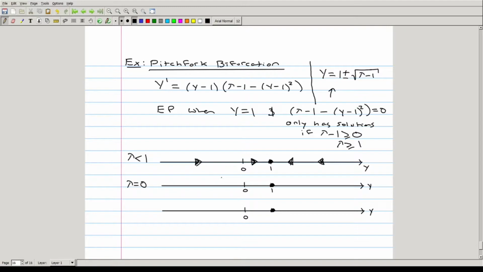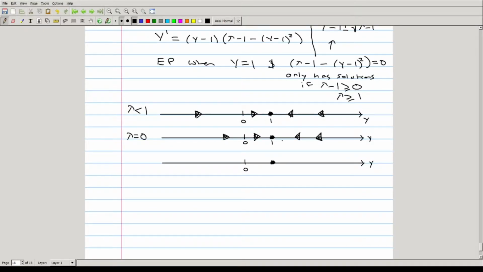So this will still be positive when y is less than 1, because you get negative times negative, which is positive. And then when y is greater than 1, it will be negative. So even at lambda equals 1, this remains an asymptotically stable equilibrium value.